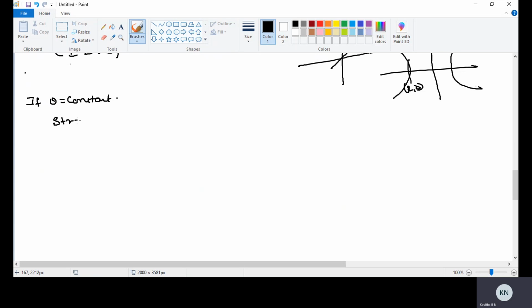If theta is equal to constant, we will get a straight line in the z plane.